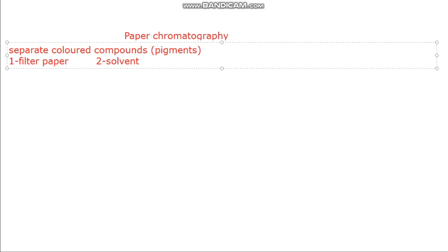As you see in page 13, we have here something like a cup or a glass, and we put a filter paper inside this glass. I will tell you the technique. We have here a filter paper and immerse it inside a solvent.